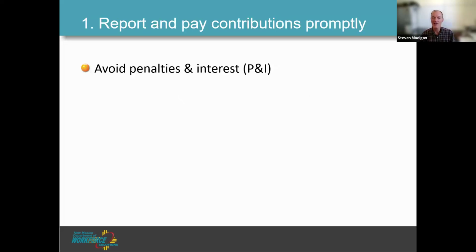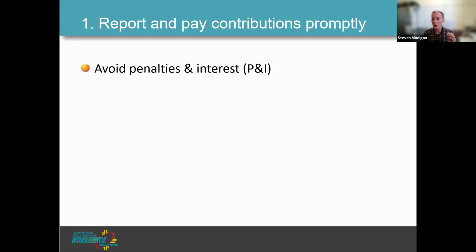All right. The first one, reporting and paying contributions promptly. This one is a relatively simple concept. The key here is to avoid penalties and interest. If you're not registered with the agency when you should be, when certain thresholds are met regarding wages paid in a quarter, the number of employees you have, etc., there is a penalty associated with that.